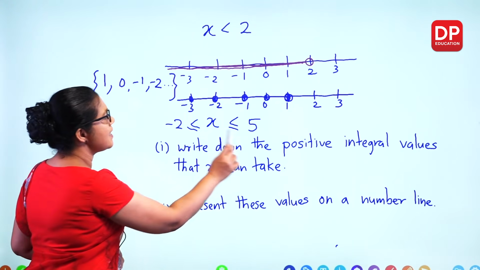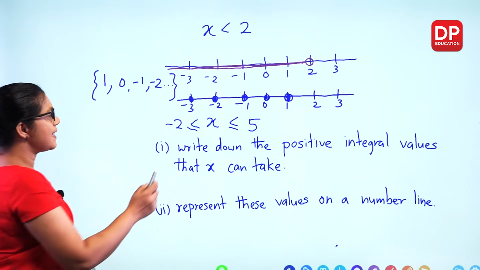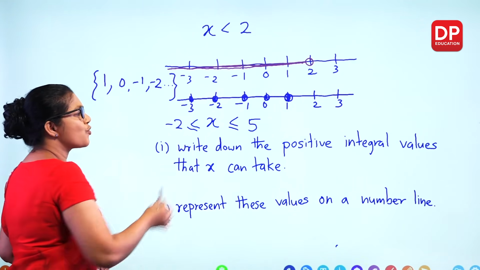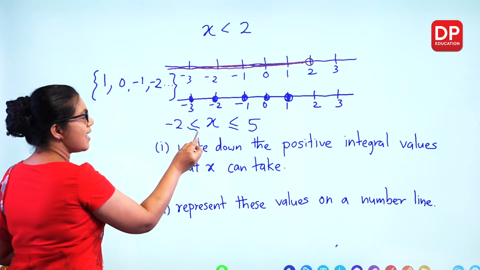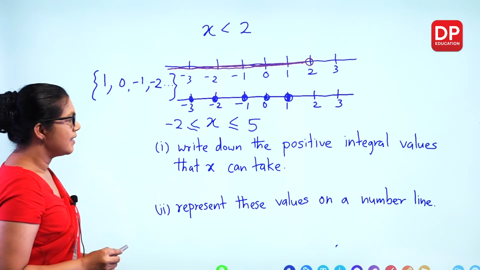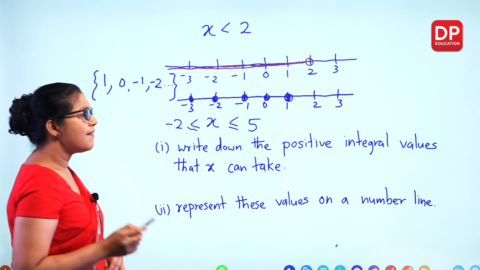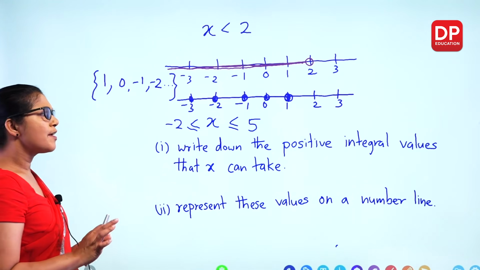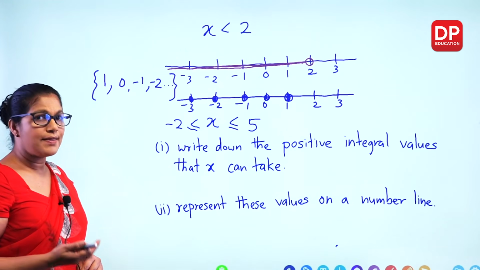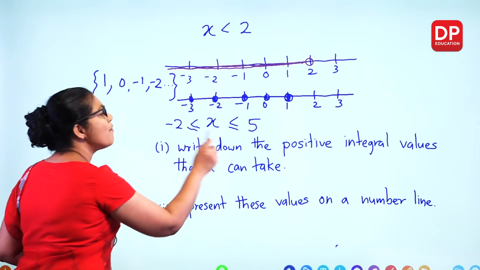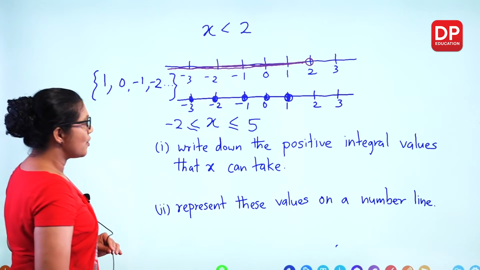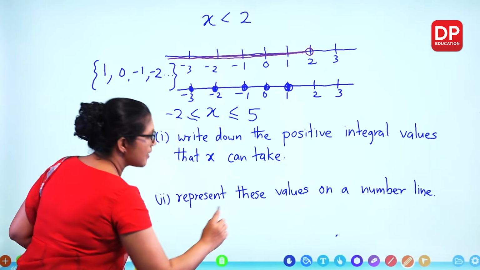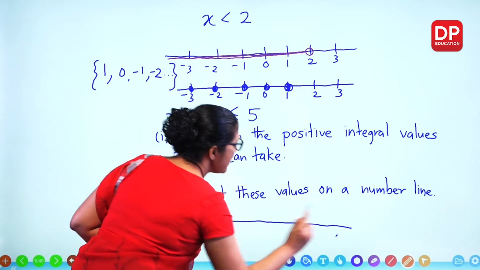Now we'll take another example. It says x is in between -2 and 5, and also there's an extra line. Write down the positive integral values that x can take. So without considering positive values, we'll see what numbers satisfy this inequality. So here, I'll first take the number line.